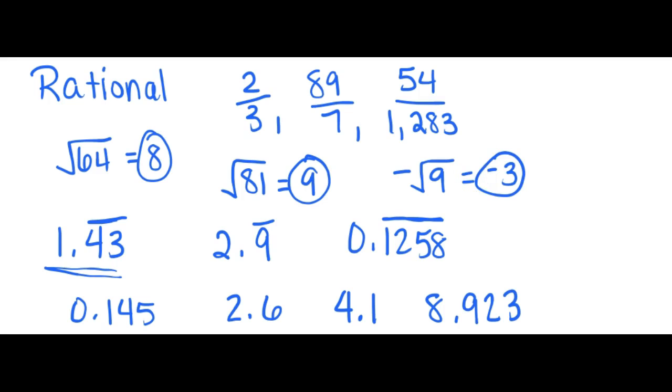Now let's look at one of the most famous irrational numbers. Irritable, irrational, that's how I always think of it. So if on a Saturday morning when I get to sleep in, someone wakes me up for something not fun, like at 6 a.m., I'm going to be irrational.